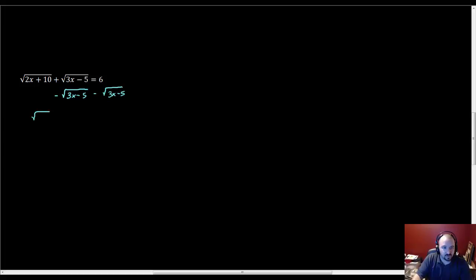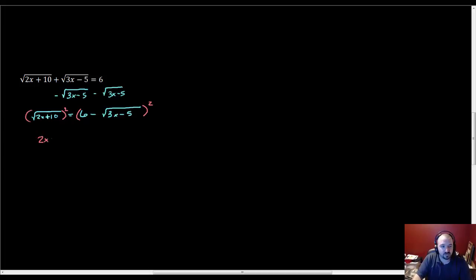That's going to give me the square root of 2x plus 10 is equal to 6 minus the square root of 3x minus 5. And then I'm going to go ahead and raise both sides to the square, because that's going to eliminate that radical on the left.